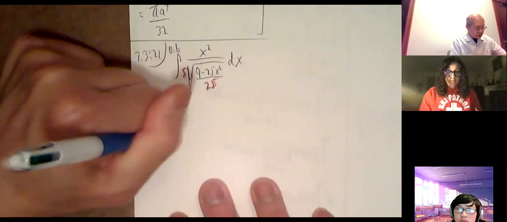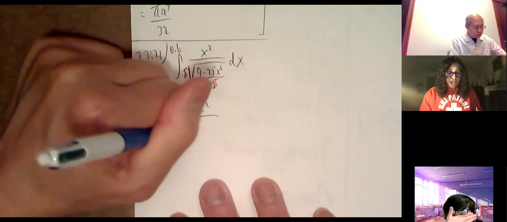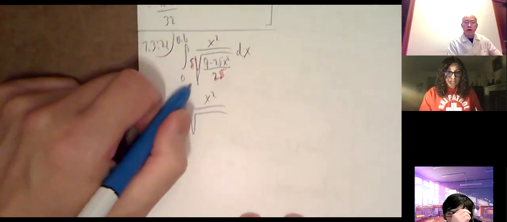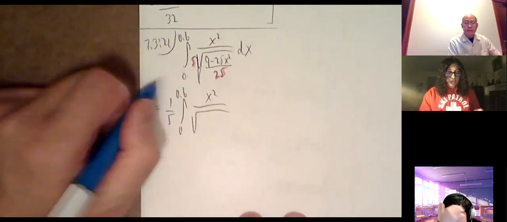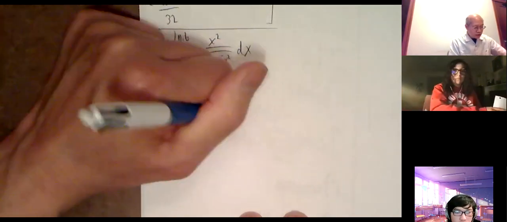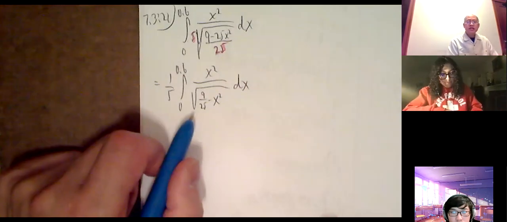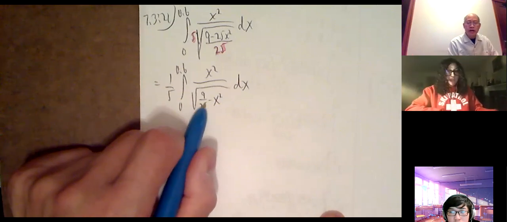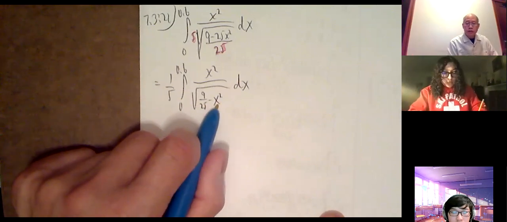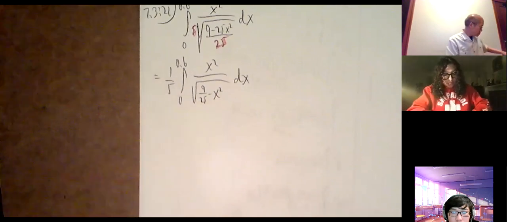So 1/5 integral from 0 to 0.6 of x squared over the square root of 9 over 25 minus x squared dx. Okay, now it's what I want. So this does fit the pattern of a squared minus x squared. Okay? So if this is a squared, it looks like a is 3/5.